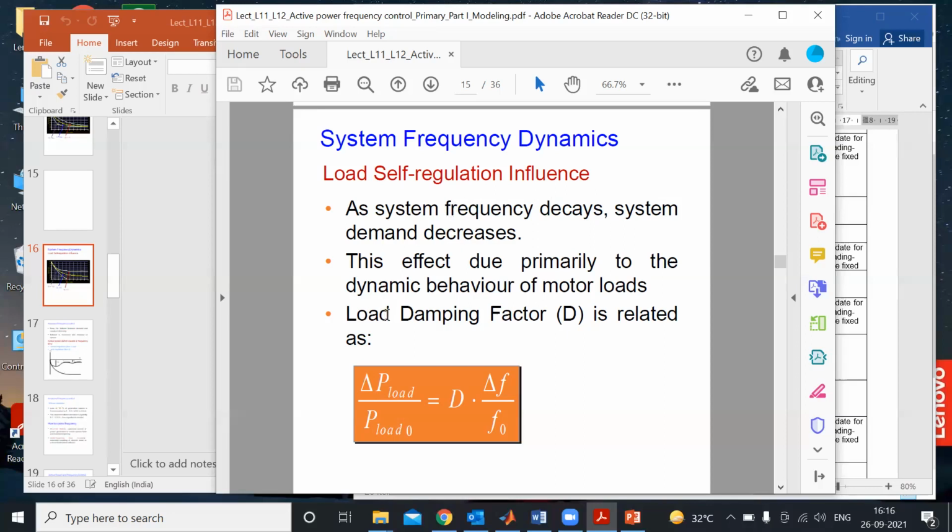To take into account this behavior from the dynamic load, we have a factor which we call the load damping factor, and this is how they are related.